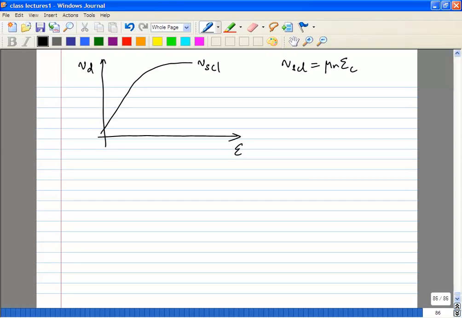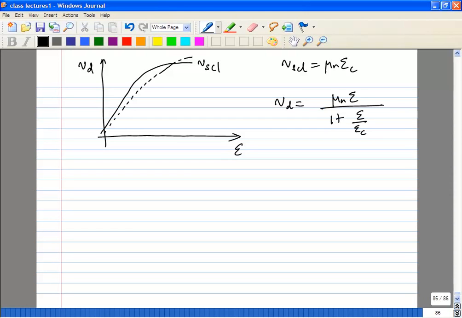It happens to depend on the ratio of the electric field and something else. So what you can do is try to get a better approximation by rewriting your drift velocity as mu n E divided by one plus E over EC.